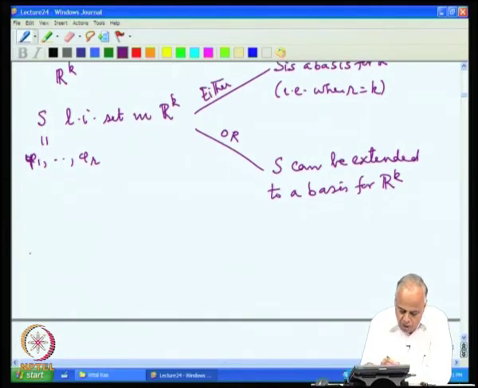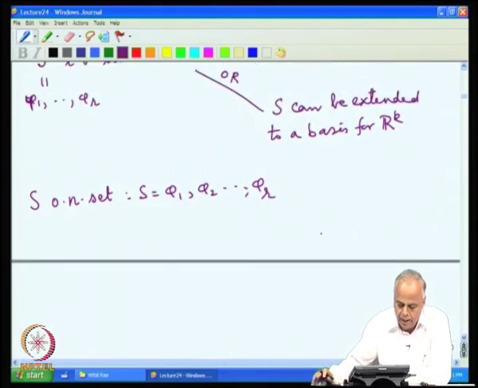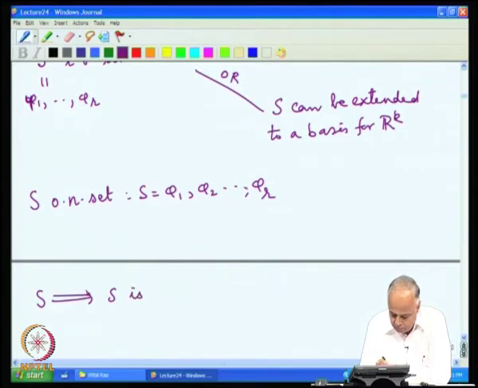Now, suppose we start with S an orthonormal set, say S is phi 1, phi 2, up to phi r. Then again, because S is orthonormal, that says S is linearly independent.